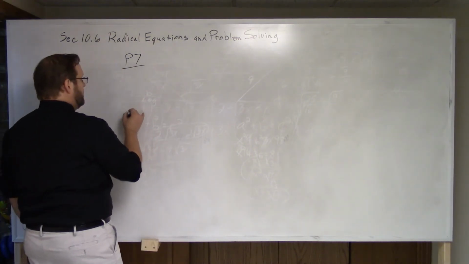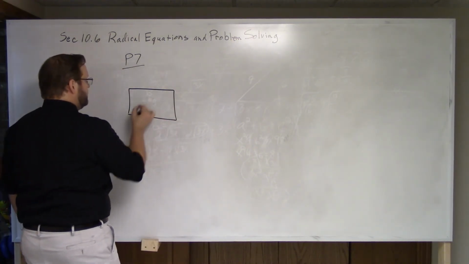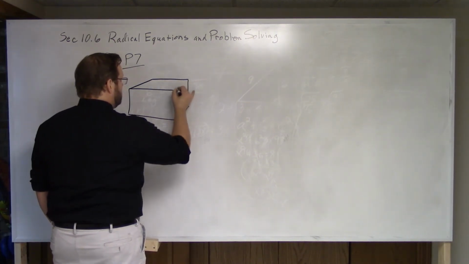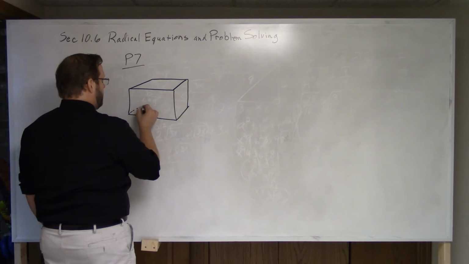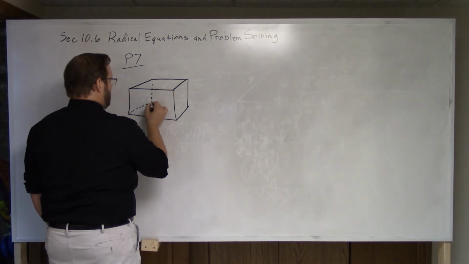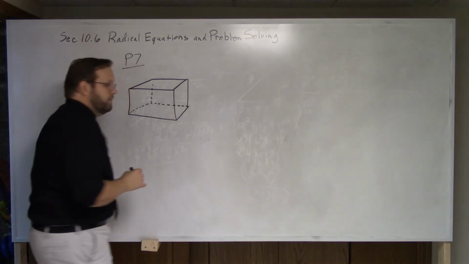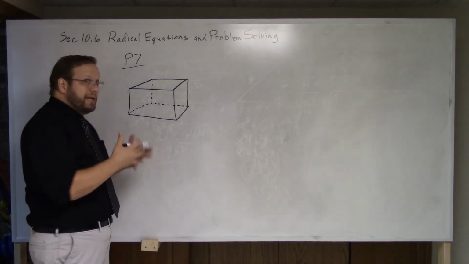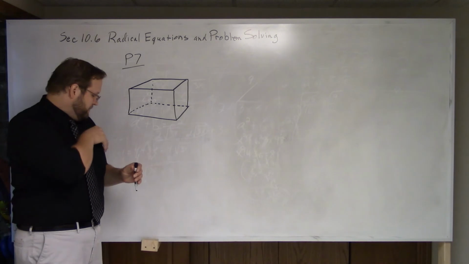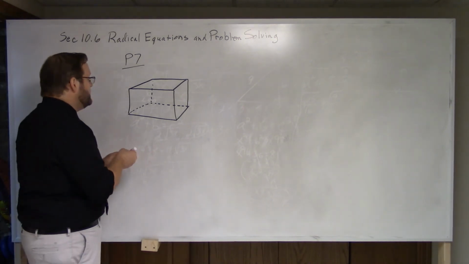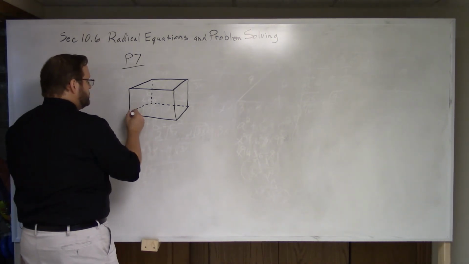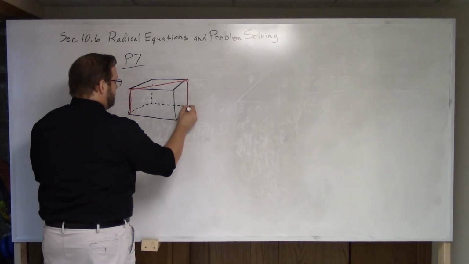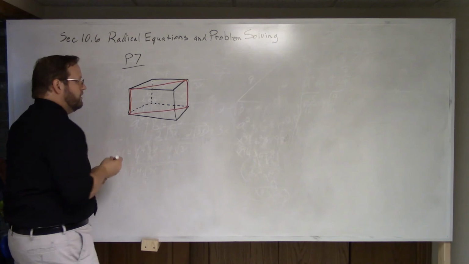So it would be something like this. Okay? So what he needs to do is basically make two tanks out of this one. What he plans to do is take a piece of plastic and insert it like so. Okay, along that diagonal.